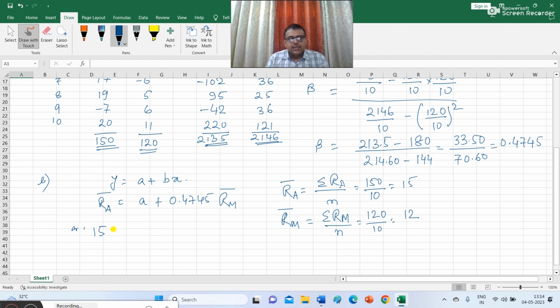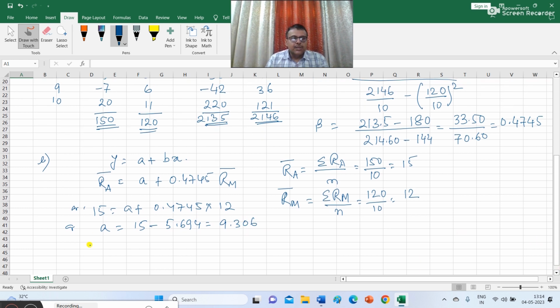So 15 is equal to a plus 0.4745 multiplied with 12. And the value of a is equal to 15 minus 5.694, that is 9.306. So the characteristic line is RA is equal to 9.306 plus 0.4745 RM.